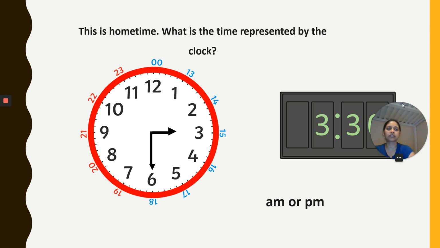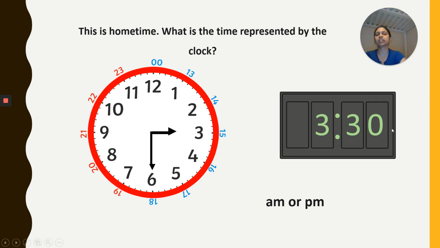I've given you a clue over here and I've said that it's 3:30. So is it AM or PM? Now we know that home time is always in the afternoon and it's after 12, so we know that this is 3:30 PM.